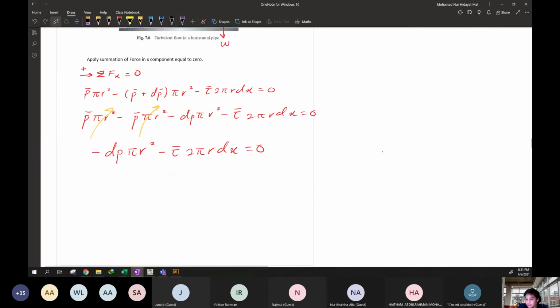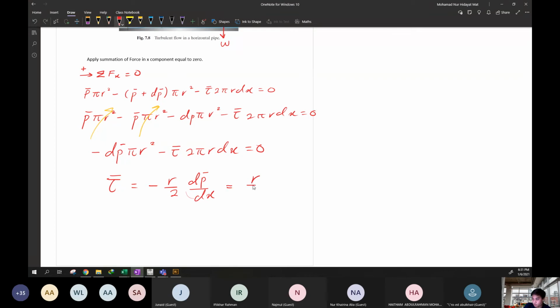Here we can make tau the subject: tau average equals negative r over 2 times dP average over dx. dP over dx is the pressure drop, so it is already negative.